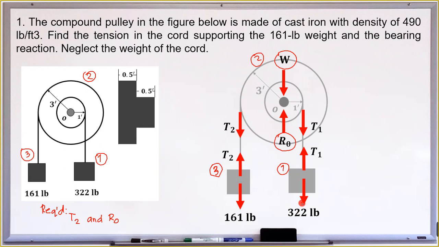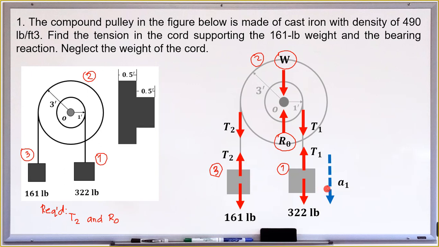Now, by comparing the weights, we can say that the 322 pounds block will fall downward, and the 161 pound block will be carried along the way. Since it is lighter, it will rise.